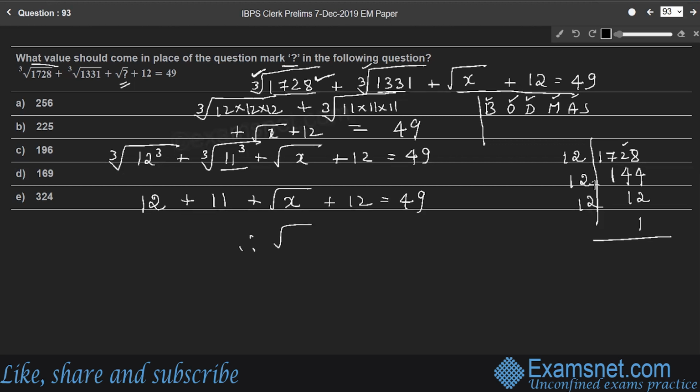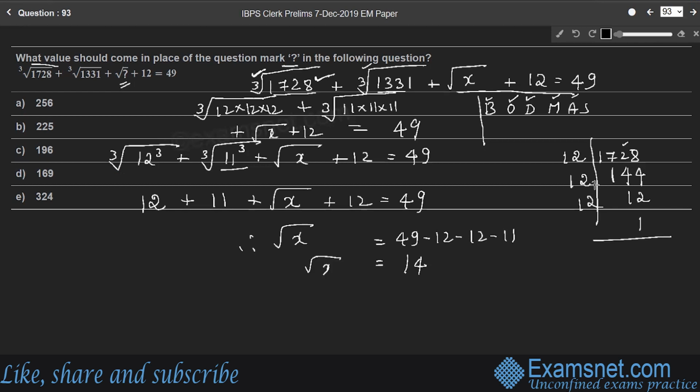Therefore, root x is equal to 49 minus 12 minus 12 minus 11. So 49 minus 24 is 25, 25 minus 11 is 14.